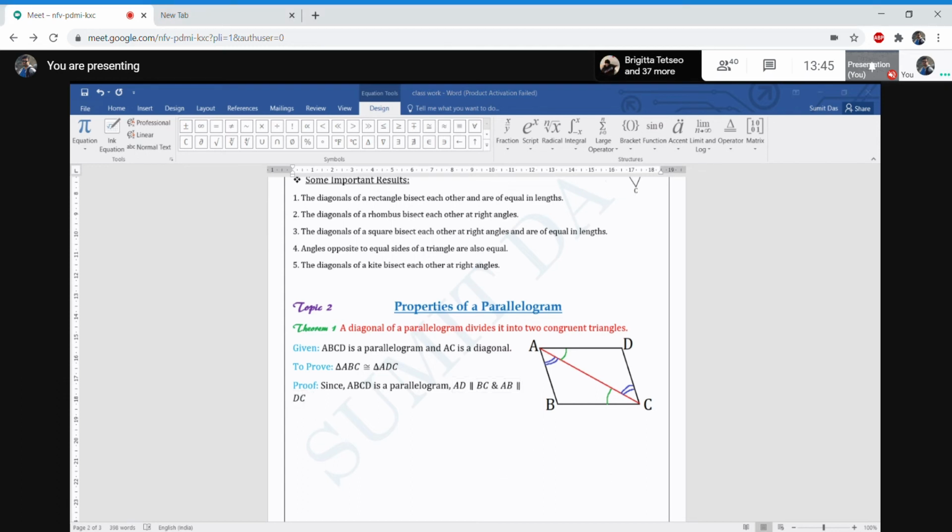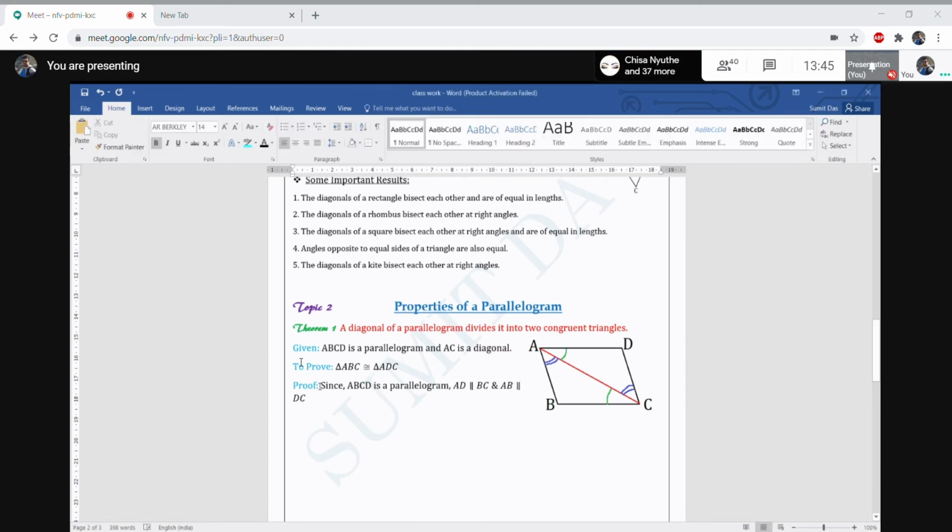I hope it's clear that in a parallelogram opposite sides are parallel. So in parallelogram ABCD, AD is parallel to BC and AB is parallel to DC.